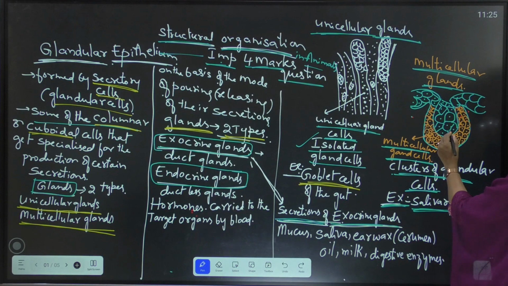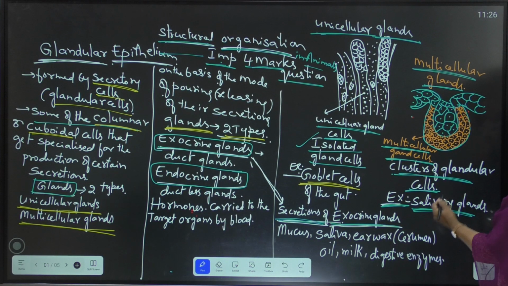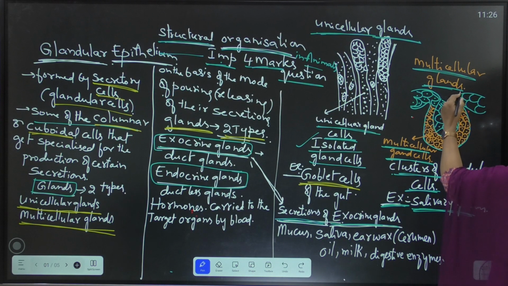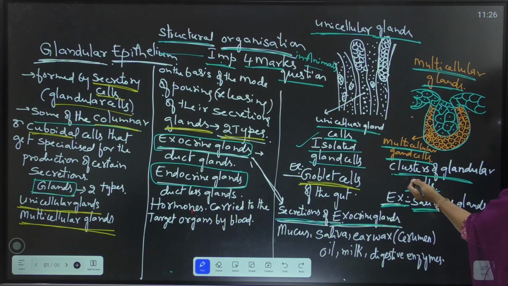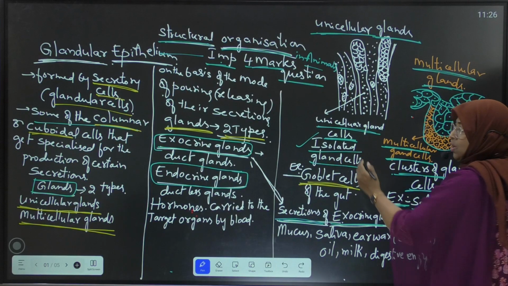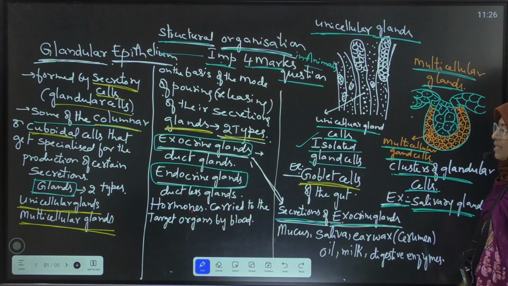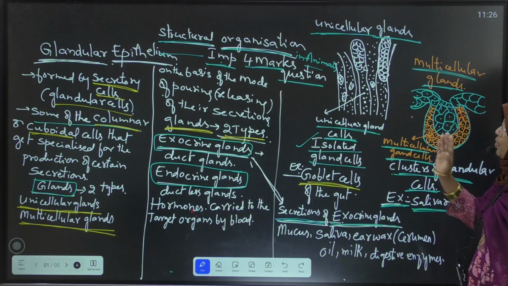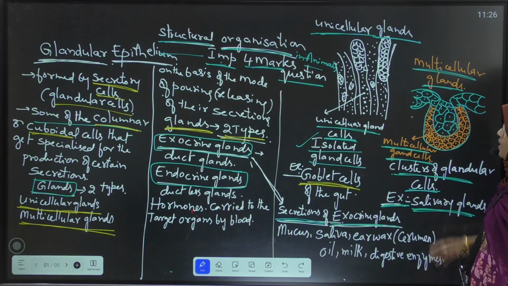Okay. An example of a multicellular gland is the salivary glands. Their secretion is saliva. This is the difference between unicellular glands and multicellular glands.